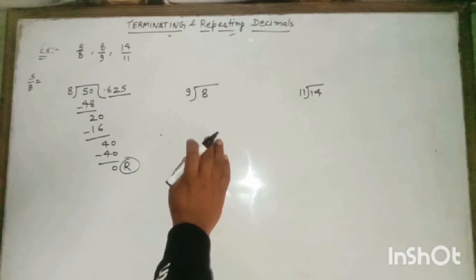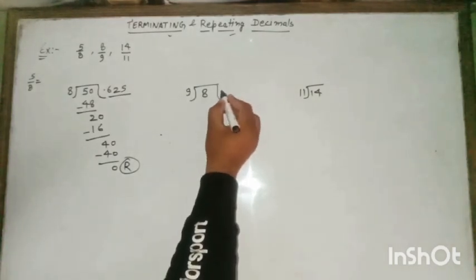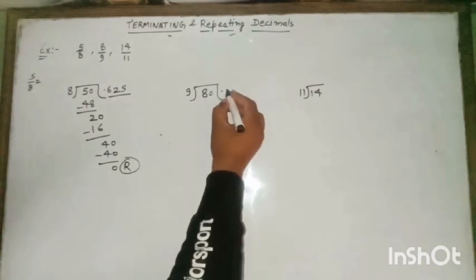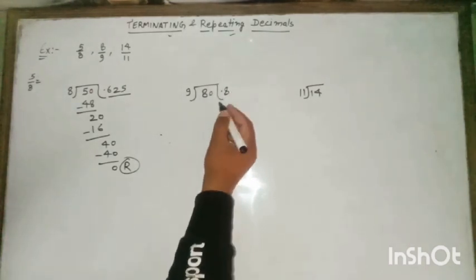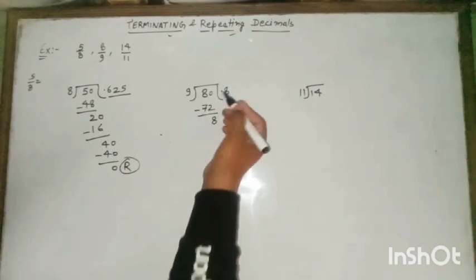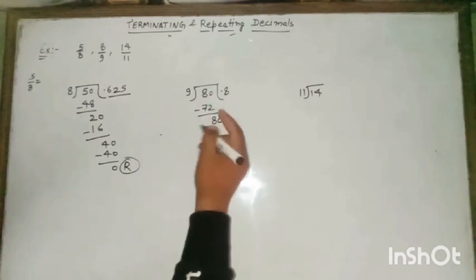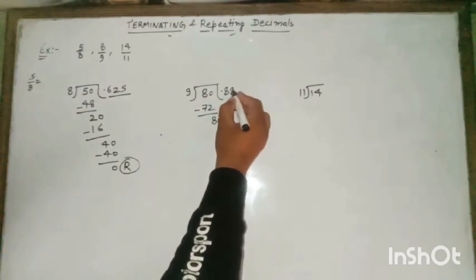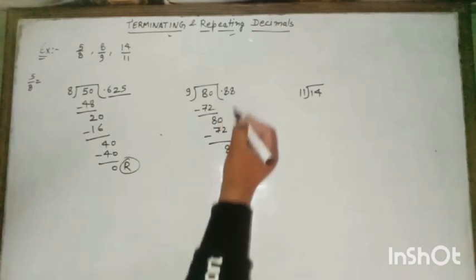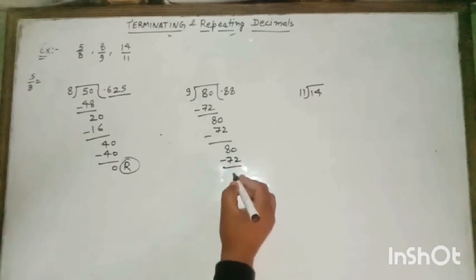And our quotient is 0.625. Now for 8 divided by 9, again it is not divisible, so we place the point here and 0 is added. 9 times 8 is 72, and subtracting, the remainder is 8. The point is already there, so again we place 0 here, again it comes 8, and 72 again, and so on.